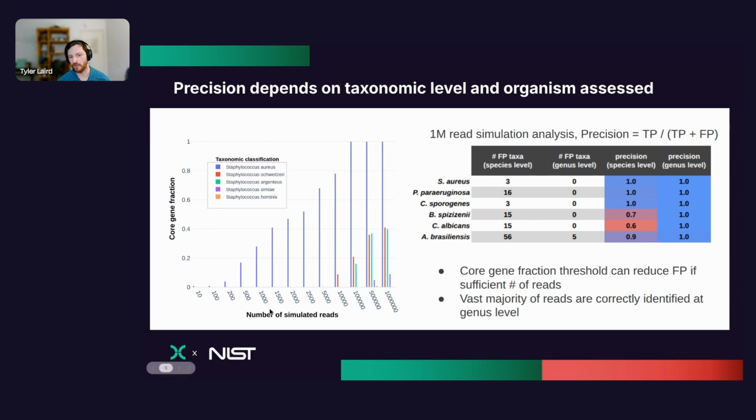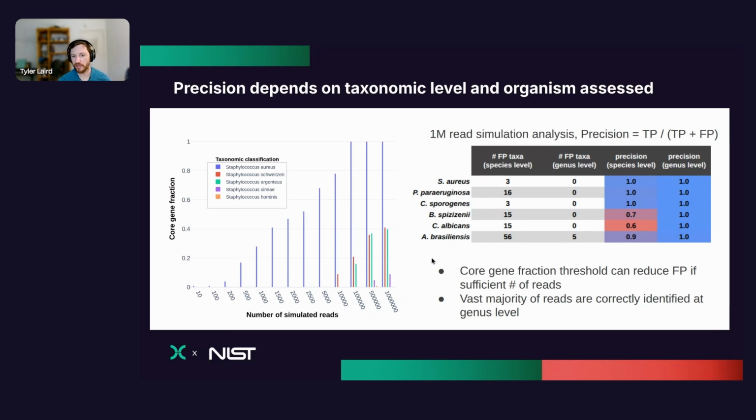As the number of simulated reads increases, the core gene fraction for the true positive Staphylococcus aureus increases to 1, as you would expect. There are also some false positives, other Staphylococcus species that start popping up around 10,000 reads and above.